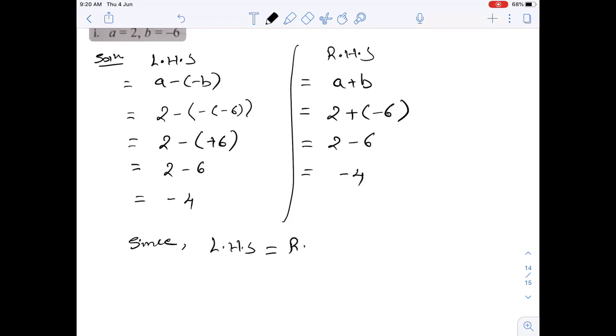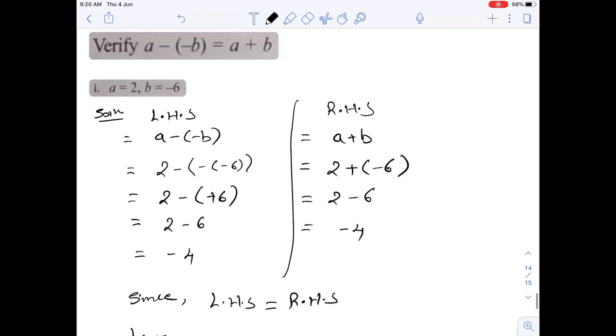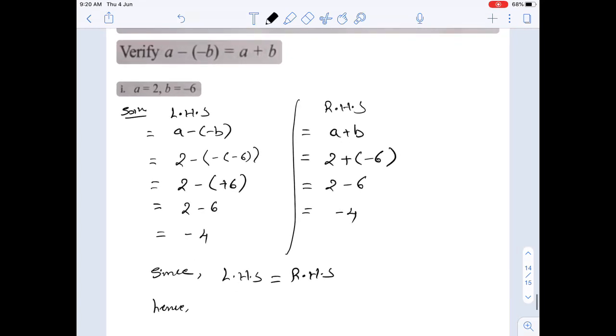So we can write since LHS equals to RHS, hence a minus minus b is equal to a plus b is verified. Okay, in this way you have to write that answer.